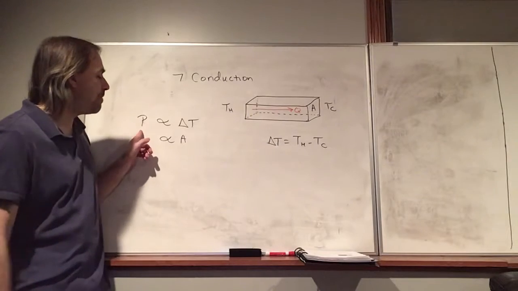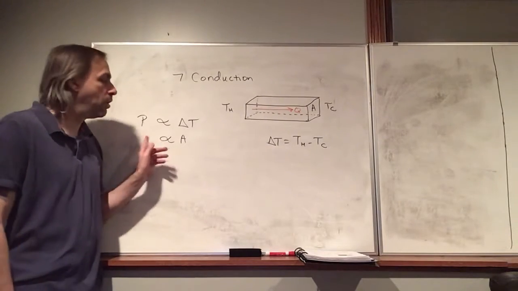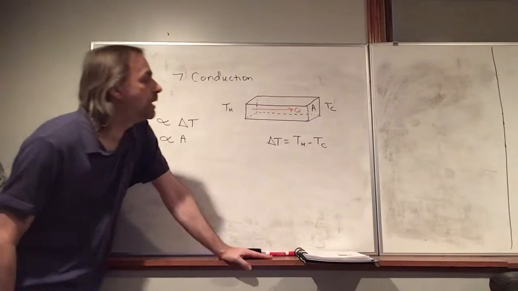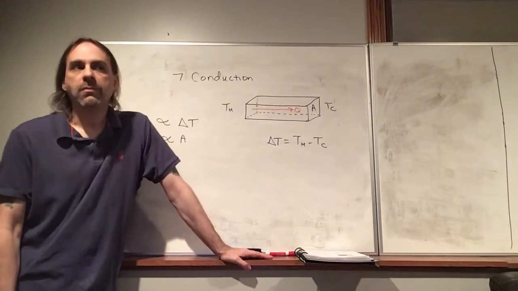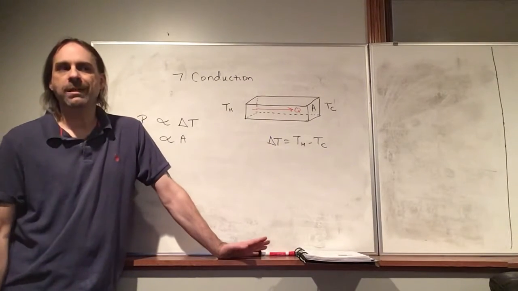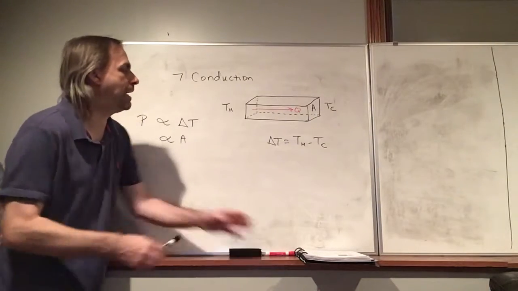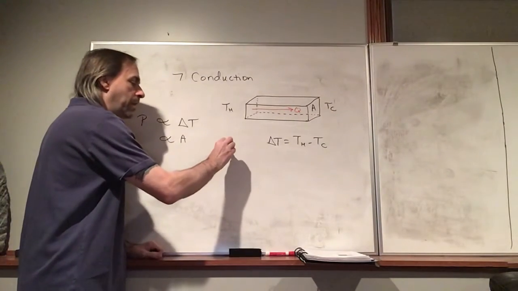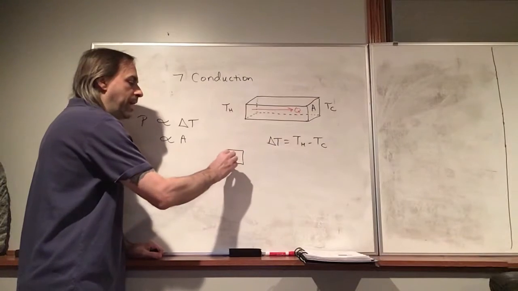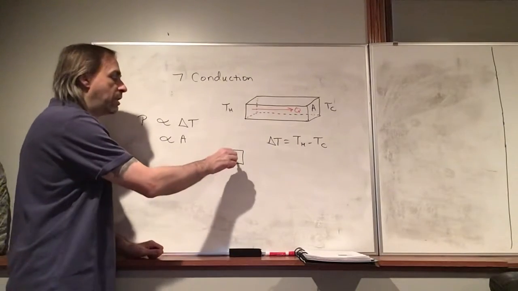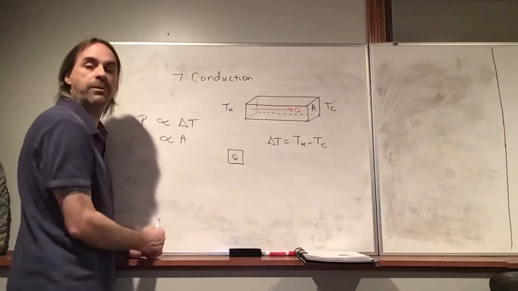And I'm going to say that the power, the rate that energy flows, is proportional to the area. And I'm going to say that's kind of obvious. Now, the reason why is, let's say, again, we look at this cross-section area. Say, in a certain time interval, a certain amount of heat is going to come from this area.